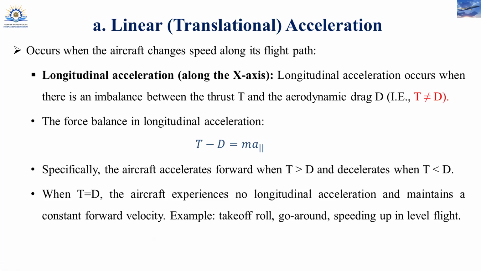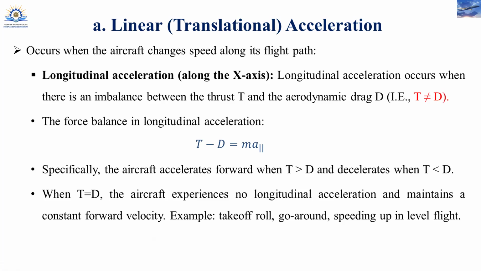It is minus when we are descending for landing, and thrust is less than drag. In that case the drag force in the opposite direction helps in slowing the aircraft. So that is the meaning.